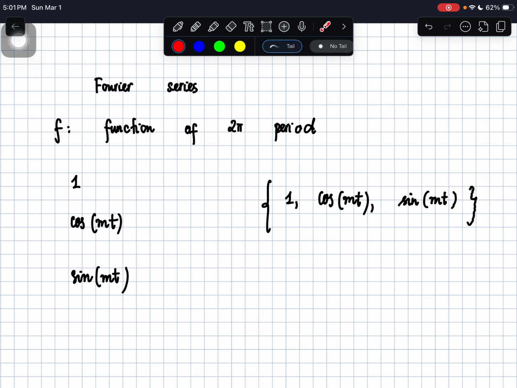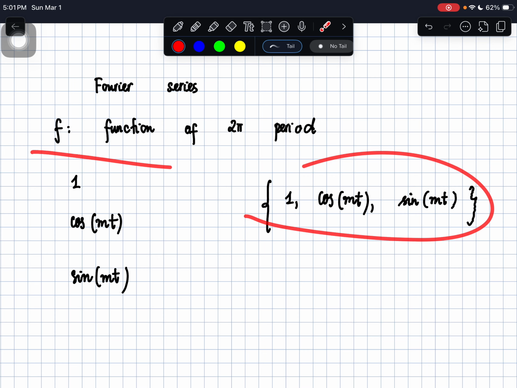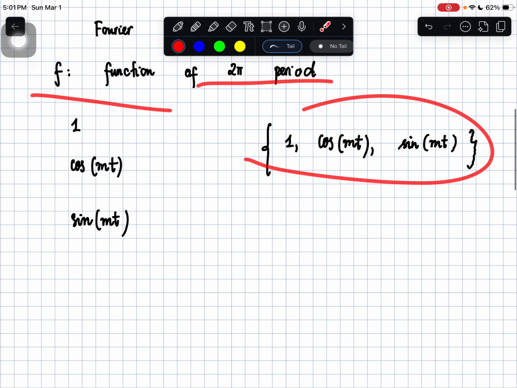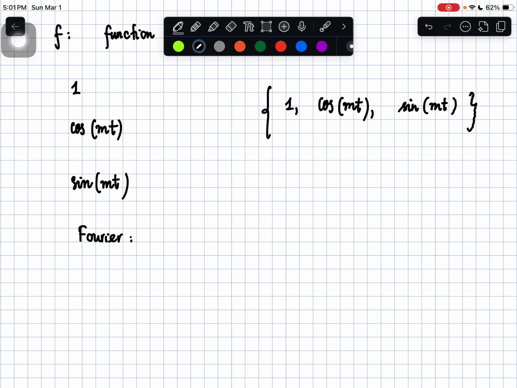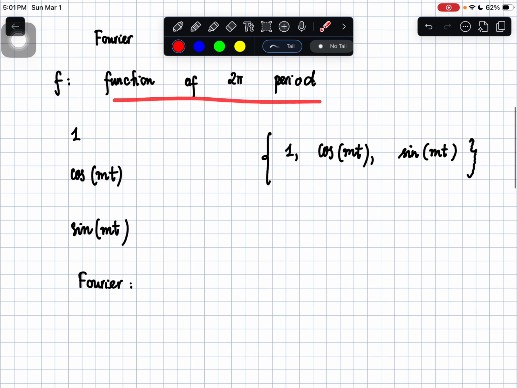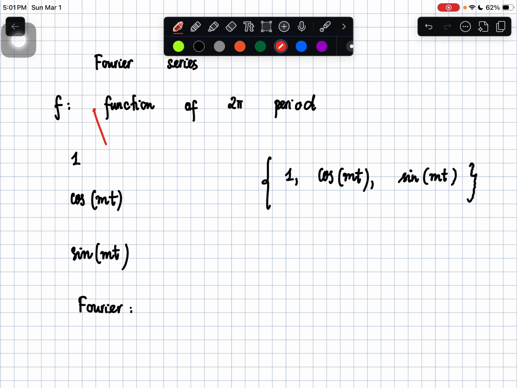You can build any other function of 2 pi period. So Fourier proved the following. Fourier shows that you can express any function of 2 pi period, and it is not necessary to be continuous. F here can be piecewise continuous.